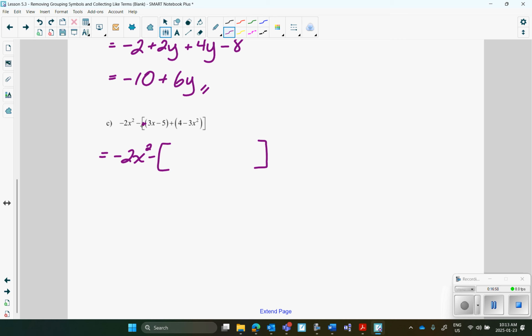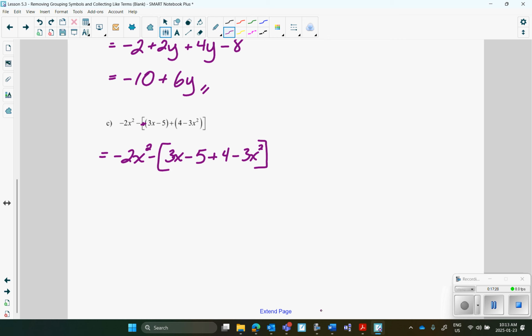There's actually a plus in front of the parenthesis, it's just not there. So that means that when we take out the first set, nothing changes because there's a plus in front. When we take out the second set, nothing changes again. So it's going to look like that when we take out the two sets of parentheses.